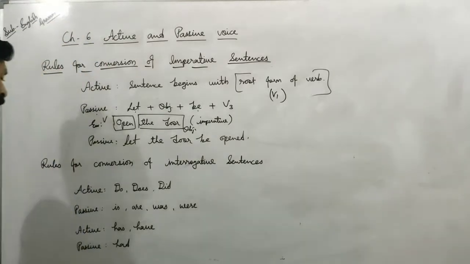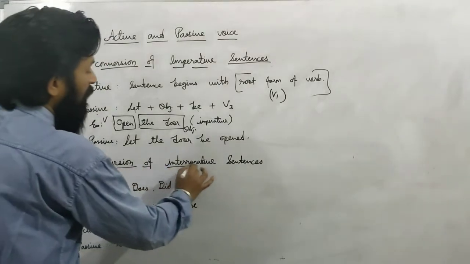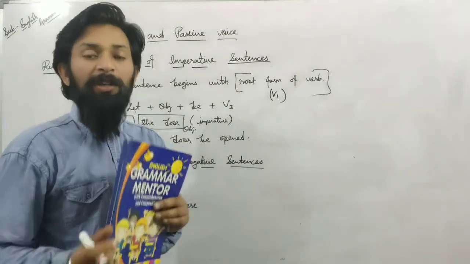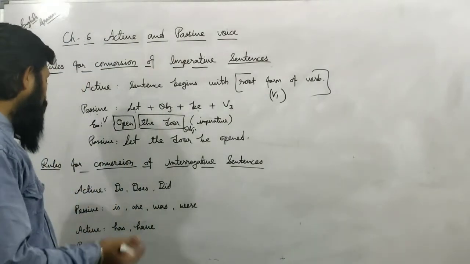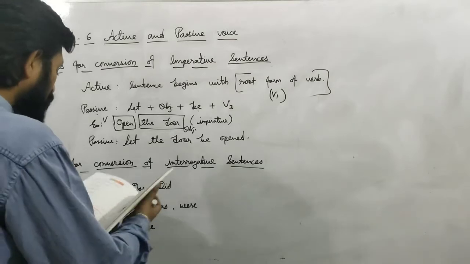Now we will talk about rules for the conversion of interrogative sentences. If you are going to construct interrogative sentences into passive voice, which rules do you have to follow? That we will discuss now.